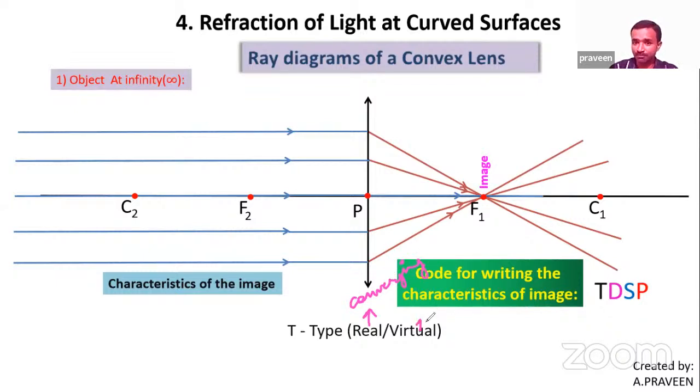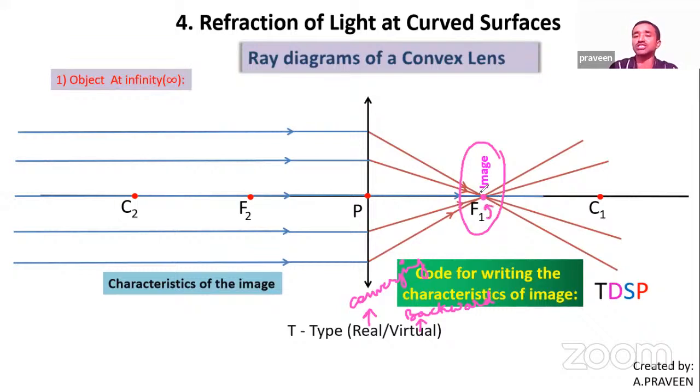If the image is obtained by backward light rays, then it is virtual. So a real image is formed by the converging of light rays directly, without any backward light rays, and a virtual image by the backward light rays. So here I obtained the image by actual converging of light rays. The actual converging of light rays is observed exactly at F1.